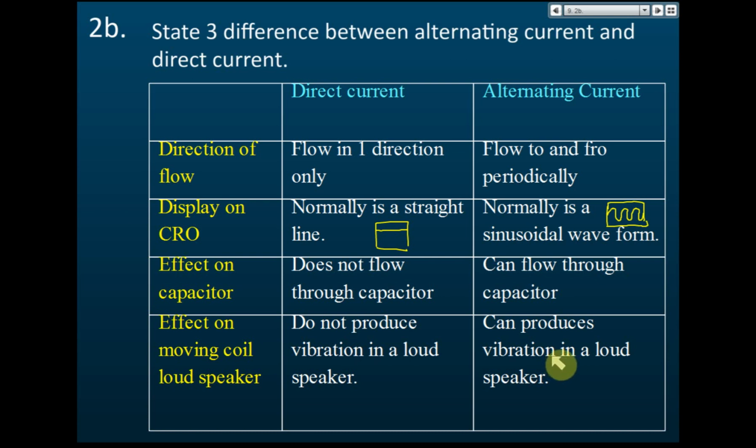If we give the difference in the number of carbon brushes, that is the difference between a direct current generator and an alternating current generator. But this question just wants you to tell the difference between direct current and alternating current. Even for the generator, telling the number of carbon brushes is not correct.